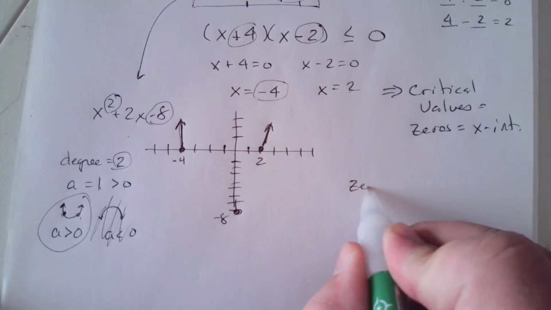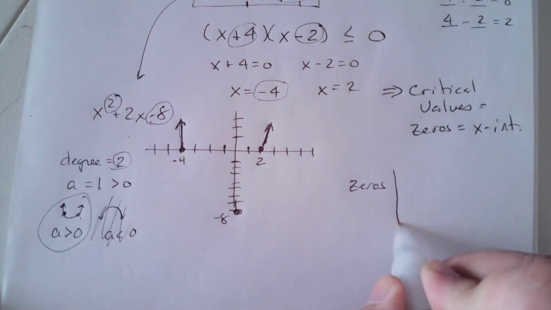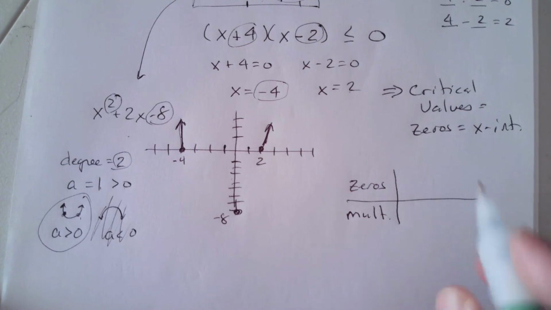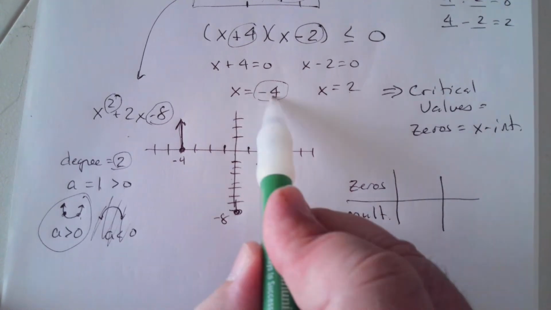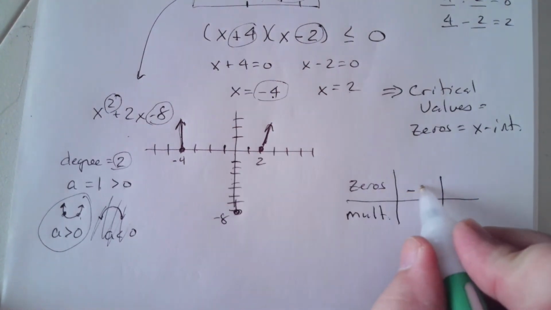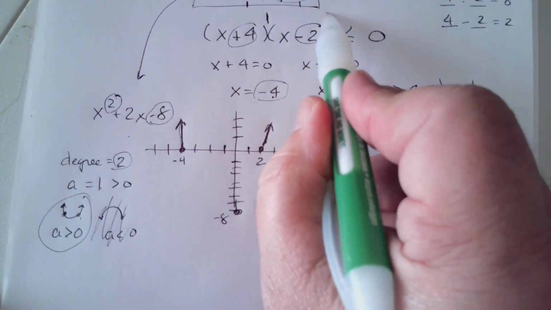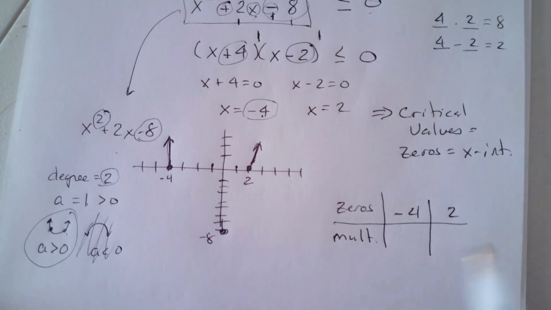So the zeros and their multiplicities. The zeros are -4 and 2. The multiplicities, since they only happen one time each, are 1.